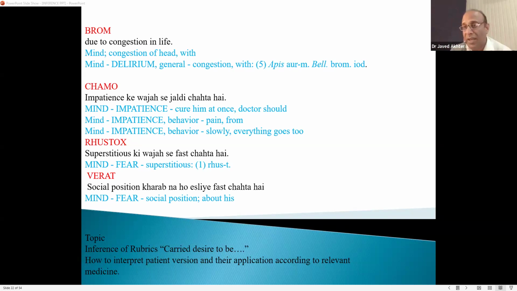Why Rhus tox? Another rubric is Rhus tox. Basically, Rhus tox, what does it say?